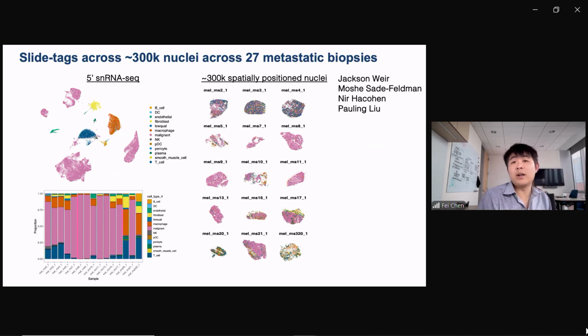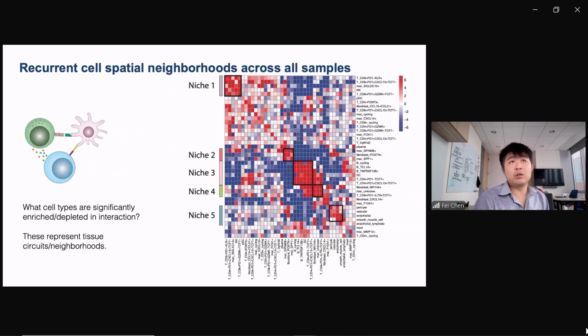We wanted to use this data to understand if there were recurrent neighborhoods in these samples, and how these recurrent neighborhoods affect gene expression. So first we asked, can we identify niches which associate with tumor cells?